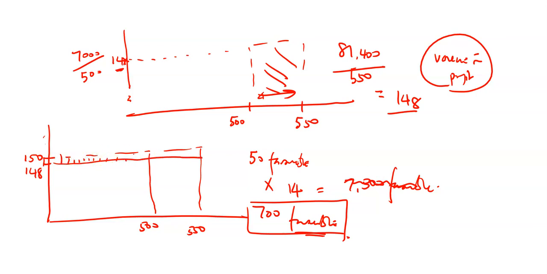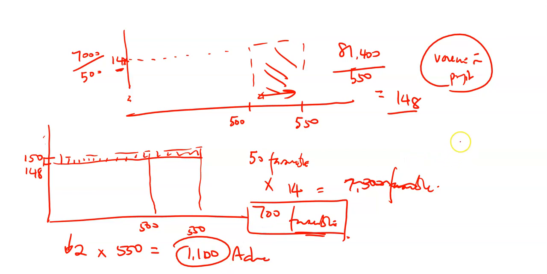So you had an adverse variance of £2 times all the units, which is 1,100. We have an adverse sales price variance of 1,100, and a favorable sales volume variance of 700, which gives us the answer B.